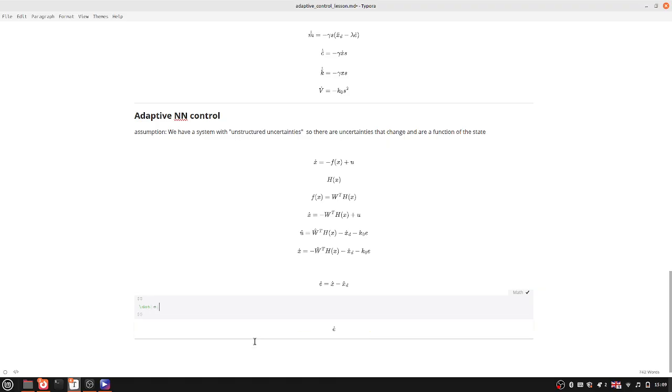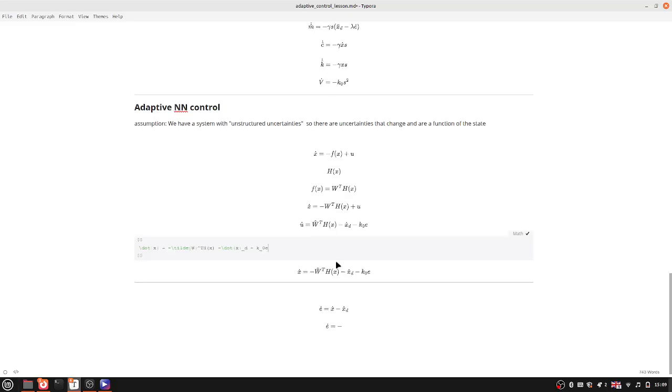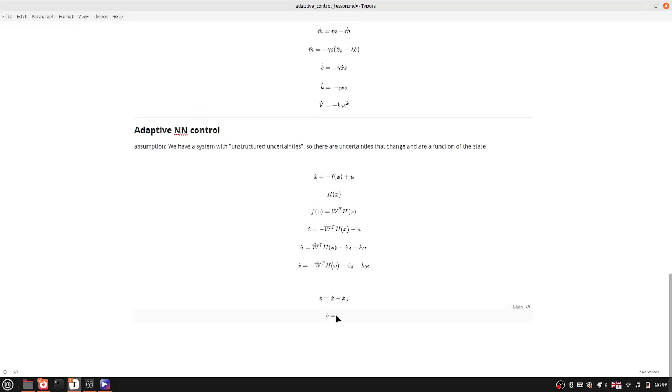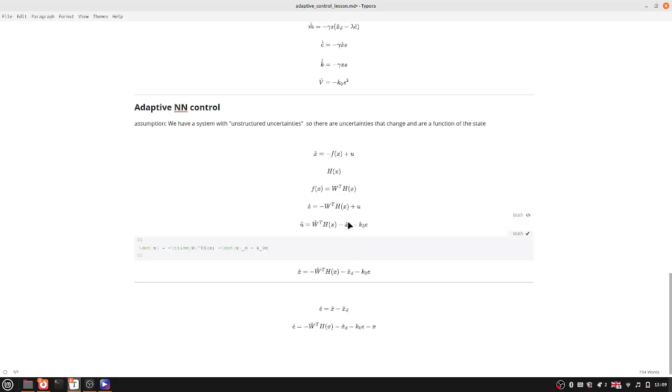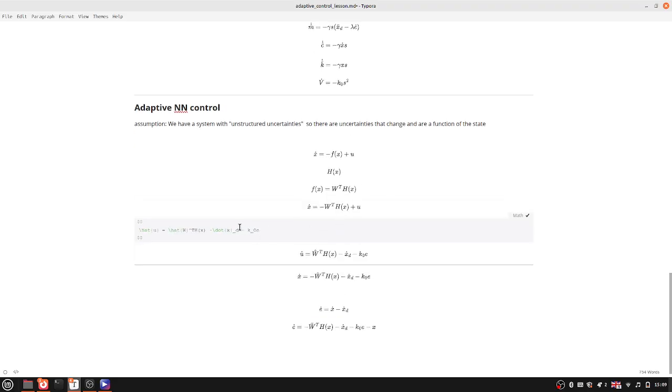E dot is equal to minus, and we've already substituted, so this is basically this x dot here, we've already substituted in our u, so I'm just going to copy these because it saves me some time. Like so, and then minus xd dot, oh yeah, a note here, actually I've made a mistake, it's plus xd.